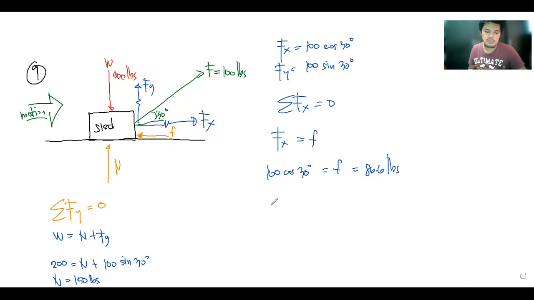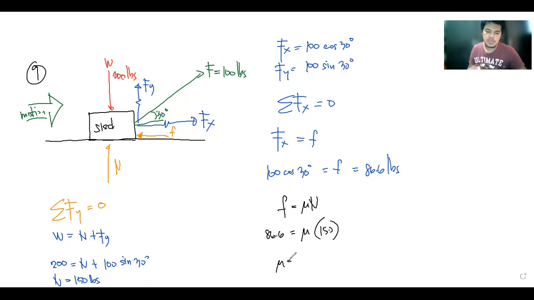Okay, so we are being asked to calculate the coefficient of friction. If you try to recall, the formula for the friction force is equal to mu N. So we have 86.6 pounds equal to the coefficient of friction multiplied by the normal force 150.